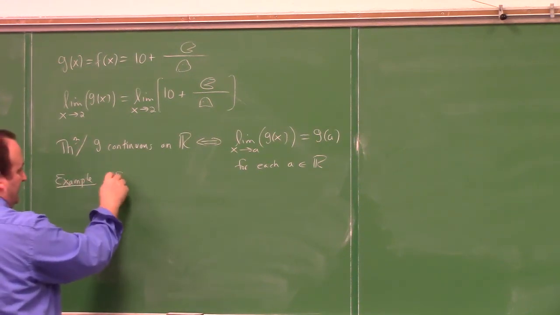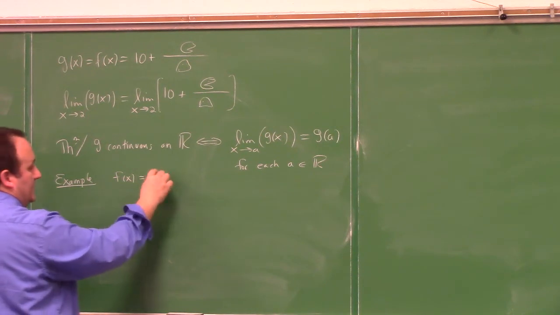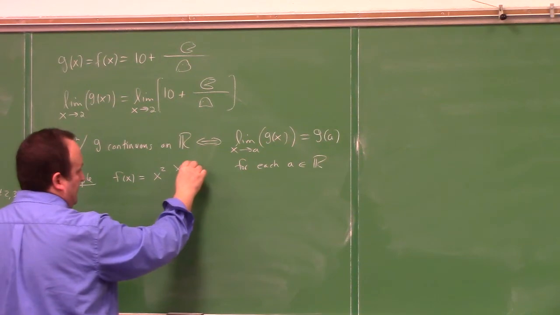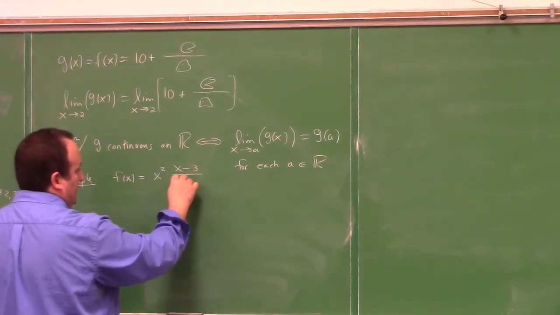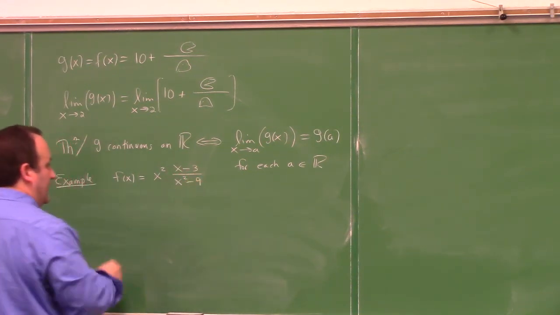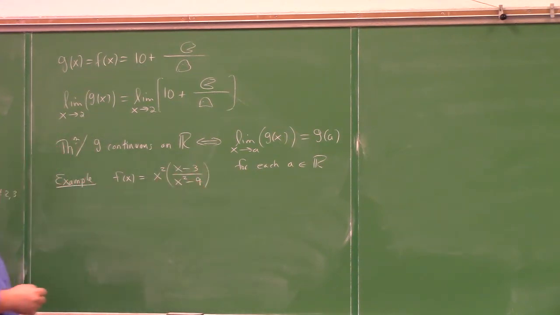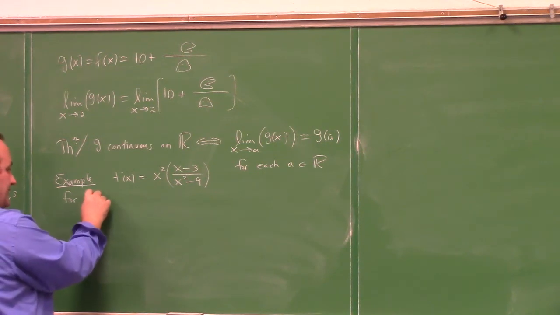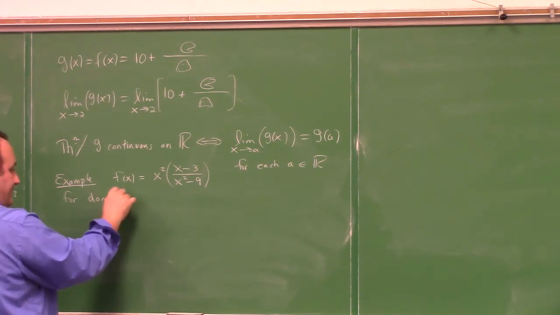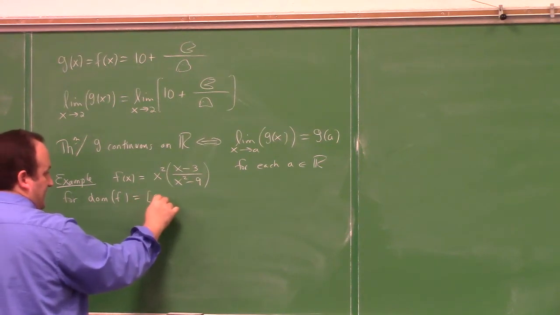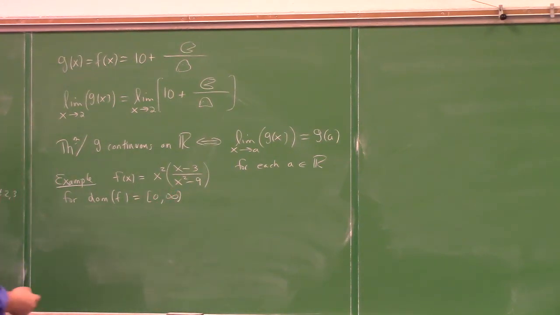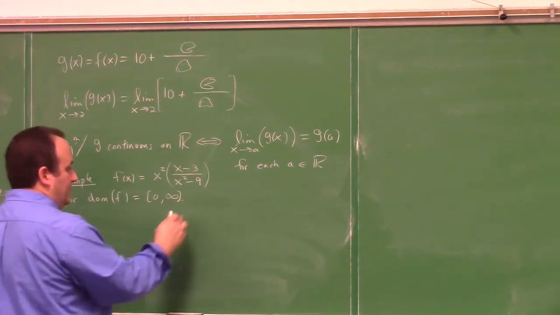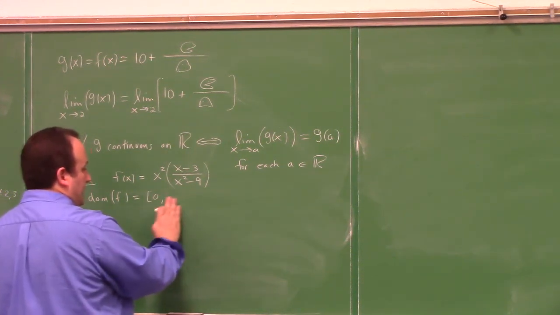So suppose we had f of x equal to x squared times x minus 3 over x squared minus 9, all right? And this is for x, for the domain of f being, say, 0 to infinity. Well, except for one thing, right? I can't have 3.